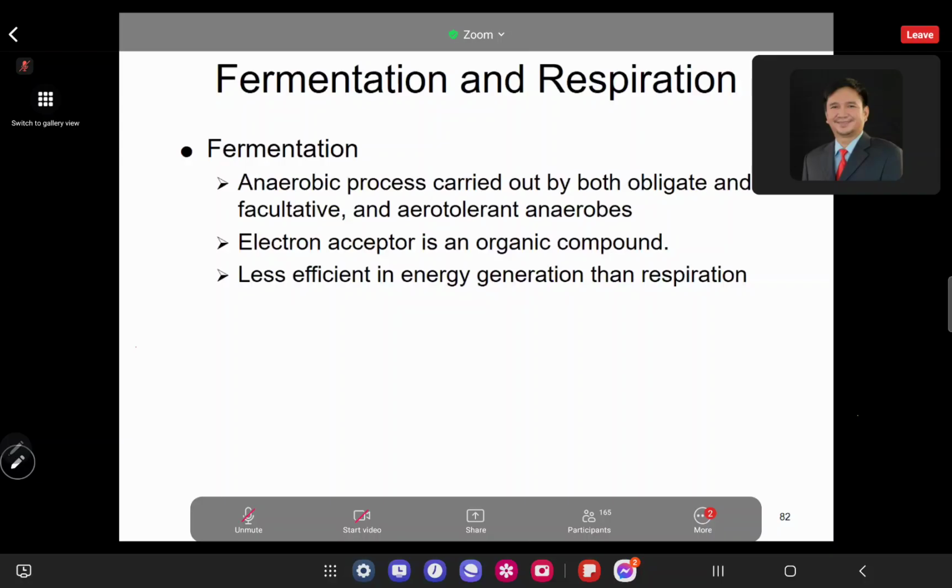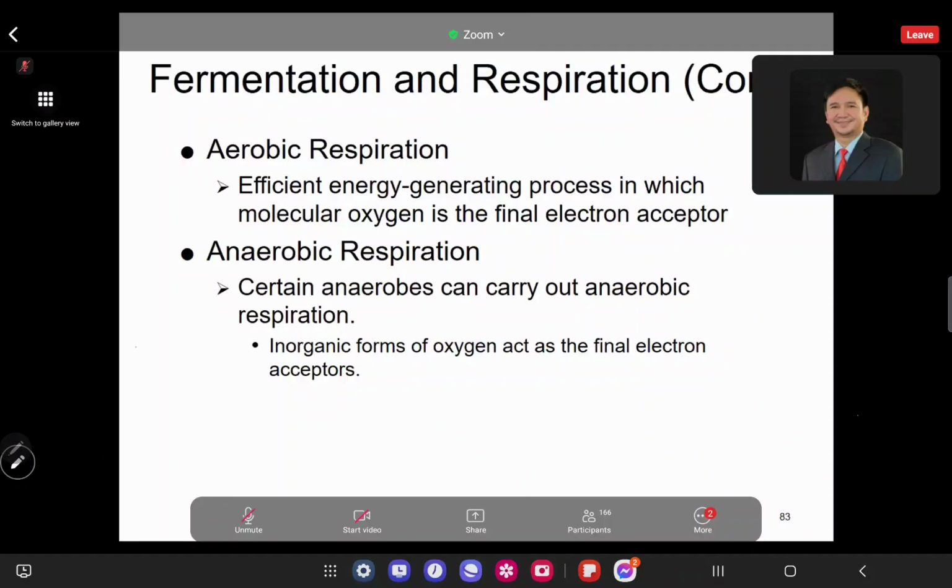Aerotolerant anaerobes can tolerate oxygen but don't use it. So in fermentation, the electron acceptor is an organic compound, which allows microorganisms to generate energy. It is less efficient compared to respiration.